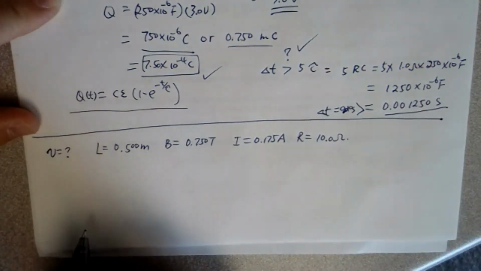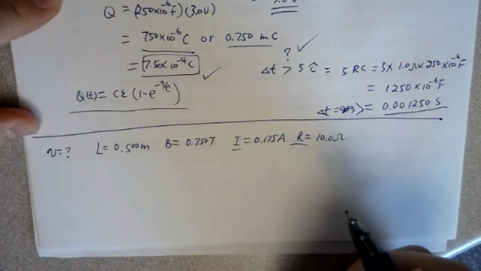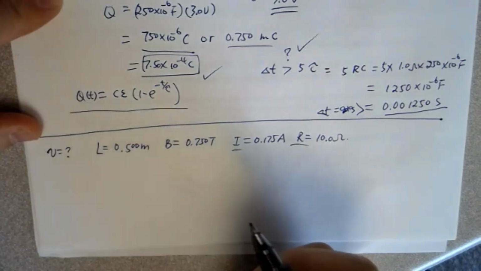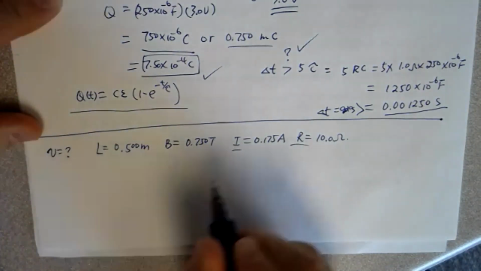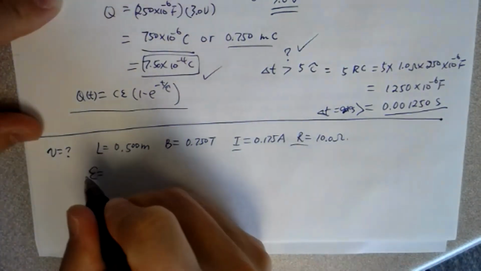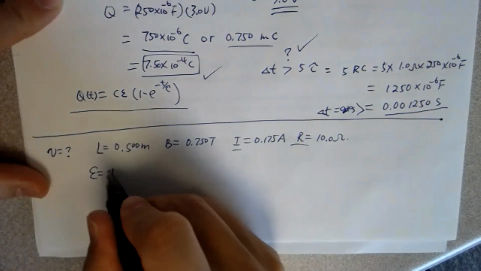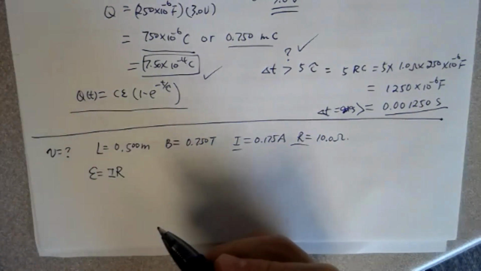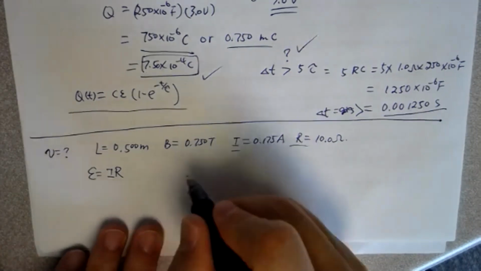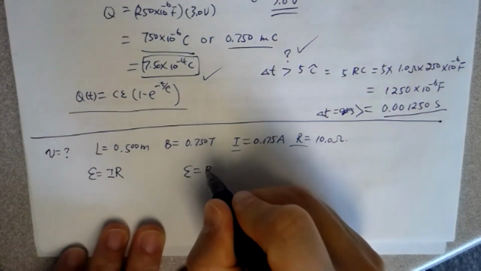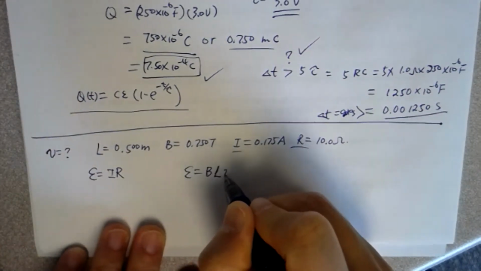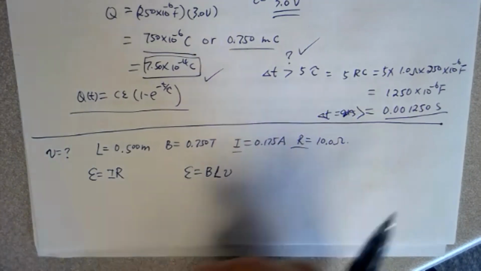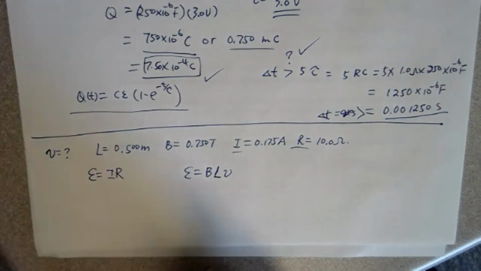So in this case, given I and R, we can calculate the induced EMF. Induced EMF will be equal to I times R. And then induced EMF can also be expressed as B times L times V. If you go a couple slides back, that's what you will see.